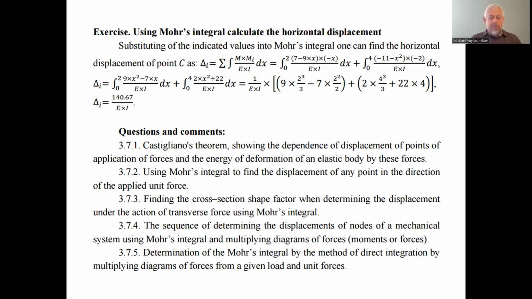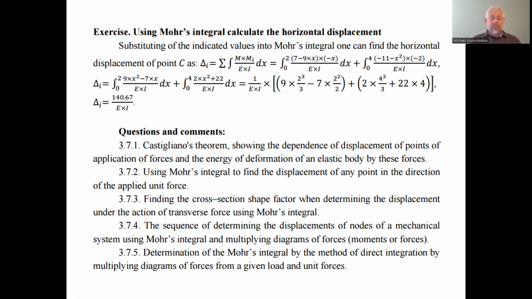And 3.7.2, using the Mohr integral to find the displacement of any point in the direction of the applied unit force. For the flat state, we use the Mohr integral to find the displacement of the proportionally elastic mechanical system under the action of distributed load, bending moment, and concentrated force.